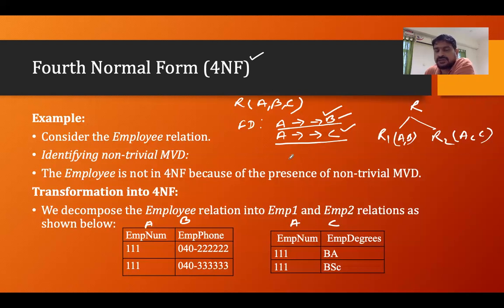Getting it? You have to find the multi-value dependency and split it. Identify the non-trivial multi-value dependency. The employee relation is not in fourth normal form because of the presence of a non-trivial multi-value dependency. To transform into fourth normal form, we decompose the employee relation into employee 1 and employee 2 relations as shown in the figure. Here we have employee and phone number, and another with employee and degree.